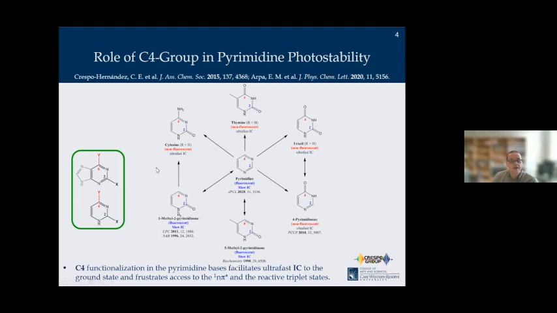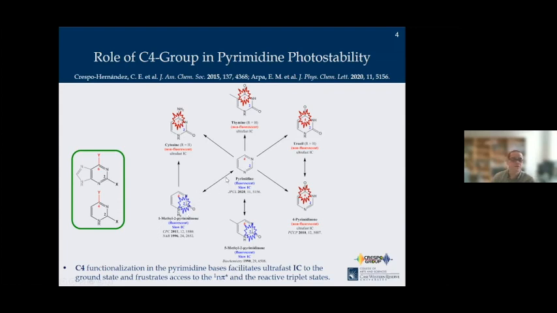So what you would expect is that substitution in position 4, as in uracil, thymine, cytosine, and in this case, in 4-pyrimidone, will create highly photostable molecules that can be used in DNA. While if you don't substitute in position 4, you create highly photoreactive molecules.